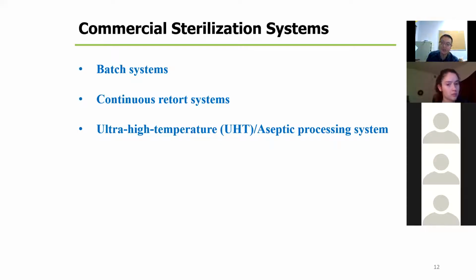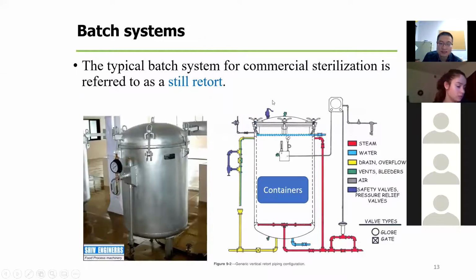So those three are the representative types of the commercial sterilization system. So the first one is the batch system. This is the most basic one, the steel retort, which means there's not much agitation. Everything is placed there without any moving.